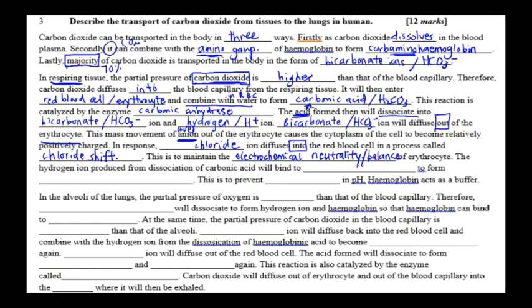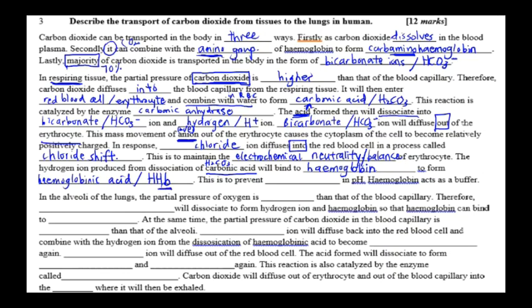The hydrogen ion produced from dissociation of carbonic acid H2CO3 will bind to hemoglobin. So like I mentioned just now, it will combine with hemoglobin to form hemoglobinic acid. Or if you don't want, you can just write HHb.